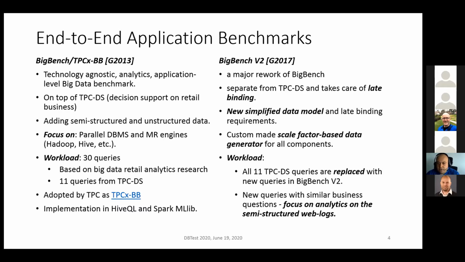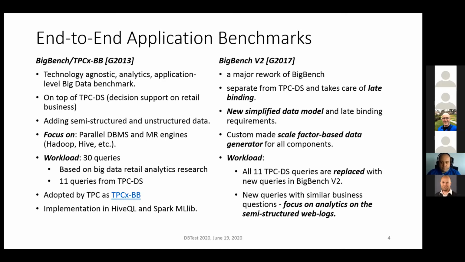In addition to that, we simplified the entire data model to include fewer tables. And of course, we needed a new data generator for this, which was developed again, generating based on scale factor. The queries that we removed from TPC-DS, we replaced with new queries which focus on this new web logs data, the semi-structured data.